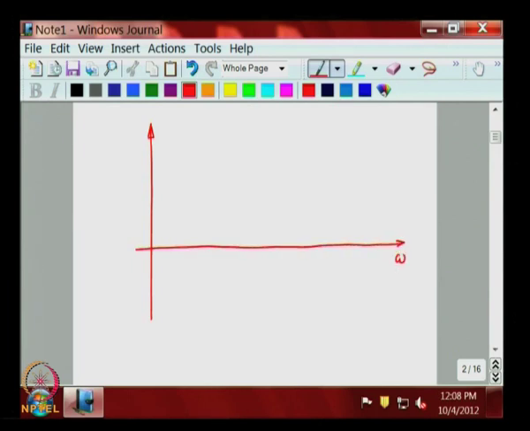This is the omega axis and this scale is logarithmically distributed, and this is the gain in dB. Remember from the old classes, we have divided the zones into the low frequency part and the high frequency part.